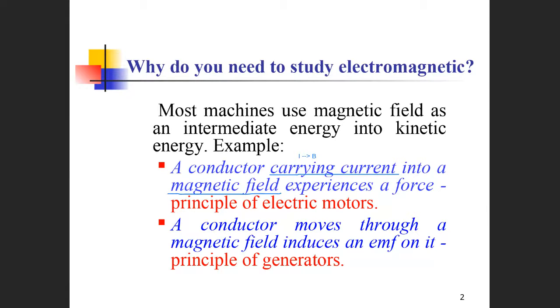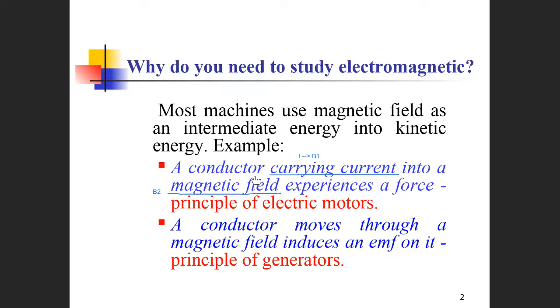We say this is magnetic field B1, and this is magnetic field B2.